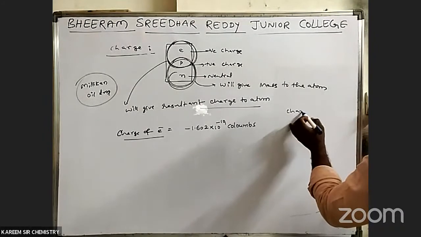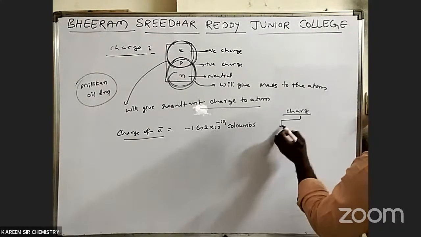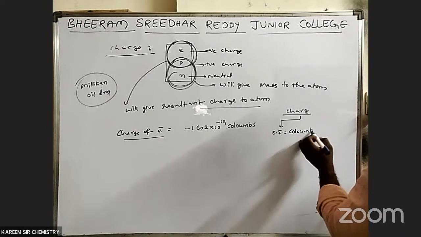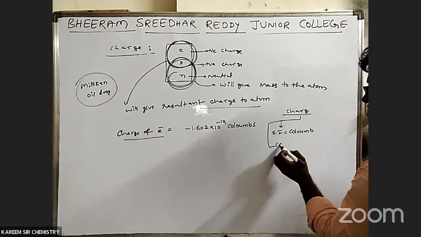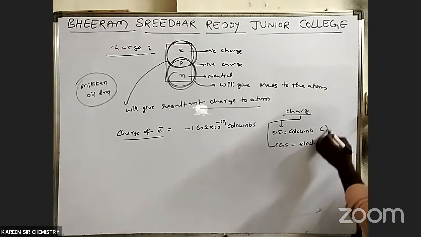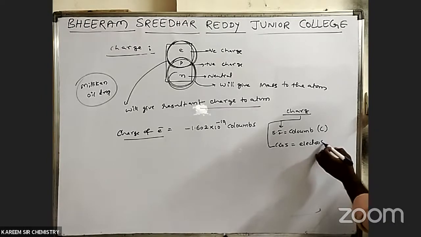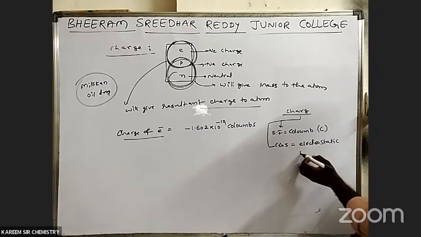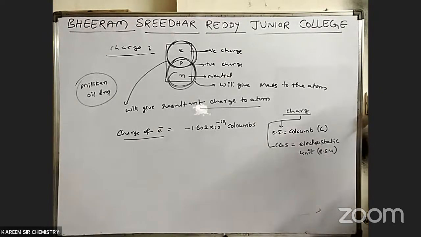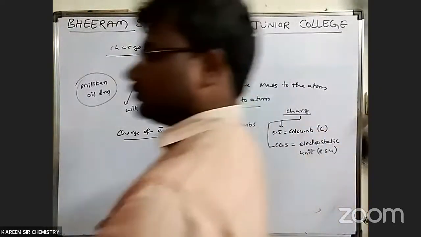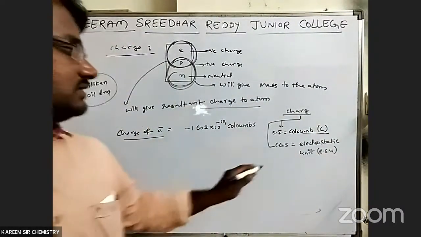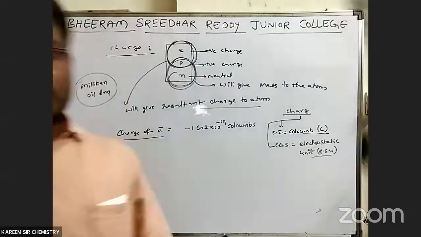So the SI unit of charge is coulomb, and the CGS unit of charge is the electrostatic unit, ESU.